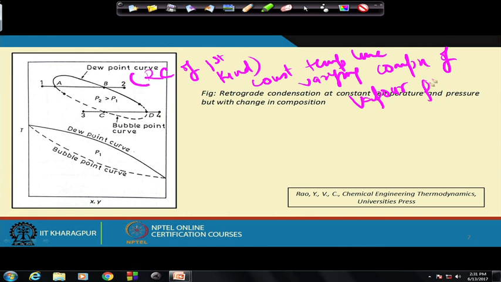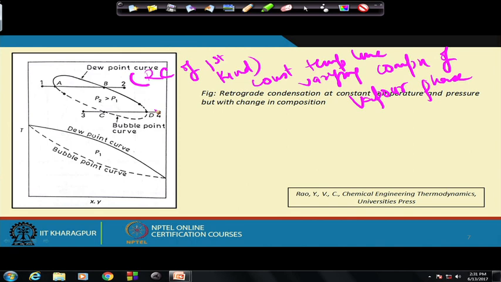We can also get a similar situation if we are operating again along isothermal conditions at a slightly different temperature and pressure, such that in this particular case, instead of crossing the dew point twice, in the isothermal process we are crossing the bubble point curve twice.